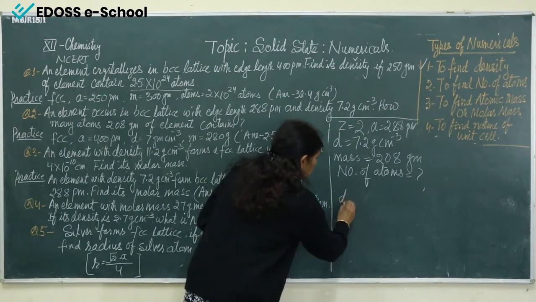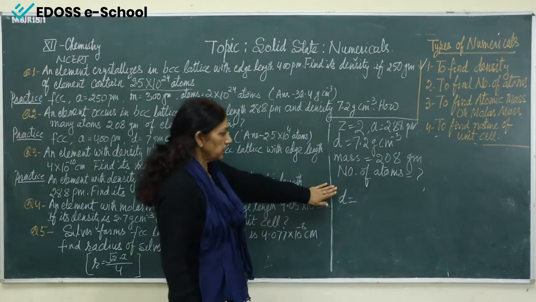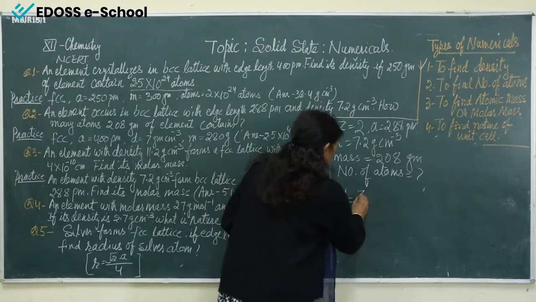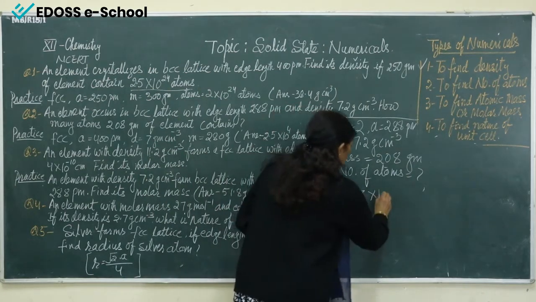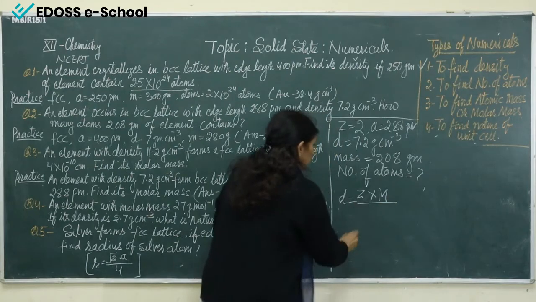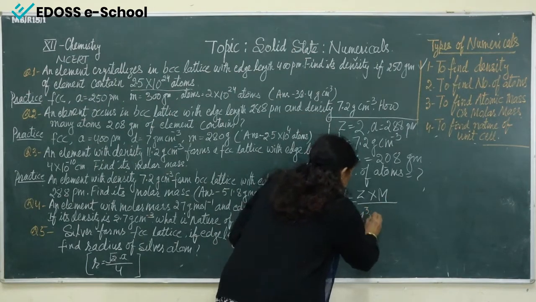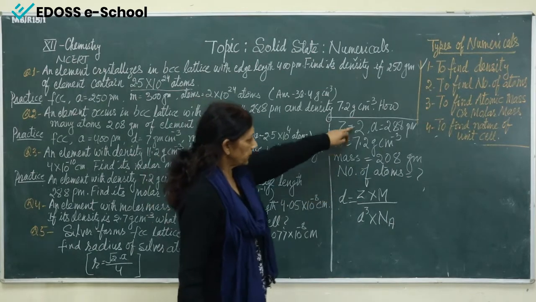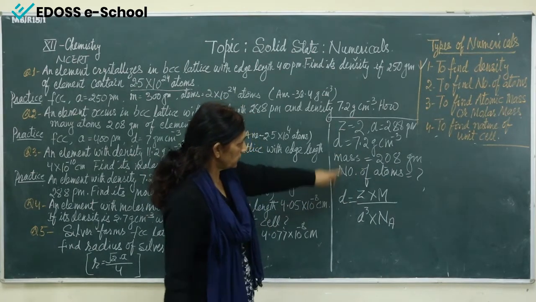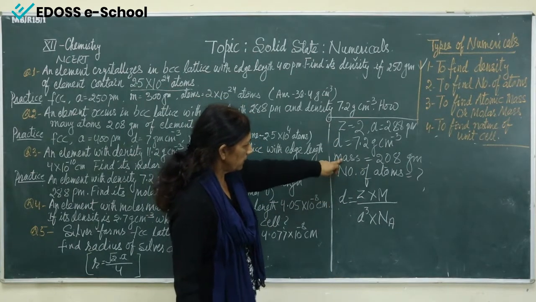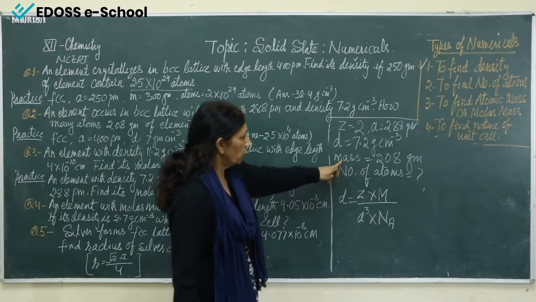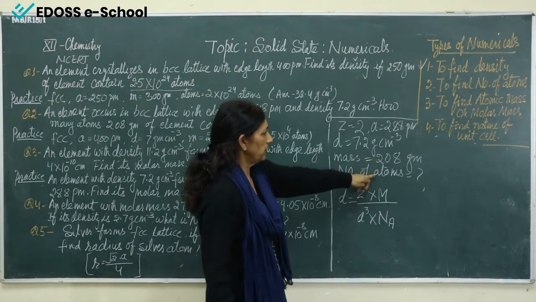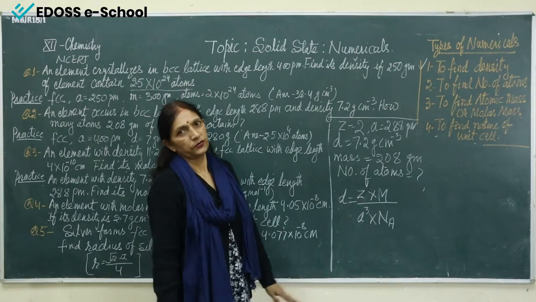Density, same formula you have to write. Density is equal to... Z is given to us, D is given to us, and in place of M only mass is given and this is not given to us.